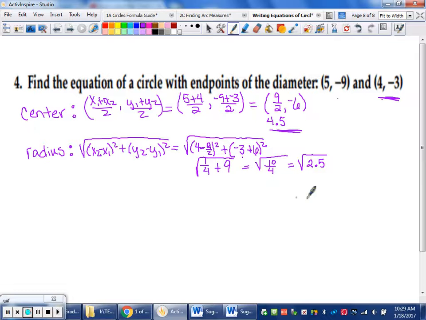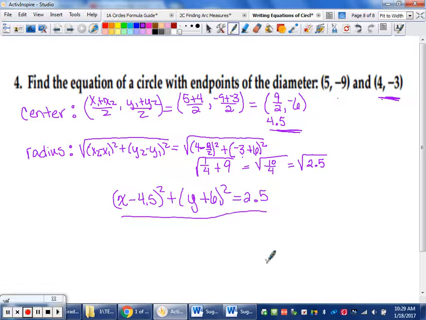So now, if I want to use my equation, I have to start with x minus 4.5 squared plus y minus negative 6 squared, which would make it plus 6 squared, equals square root of 2.5 squared is 2.5. And there's the equation of my circle.